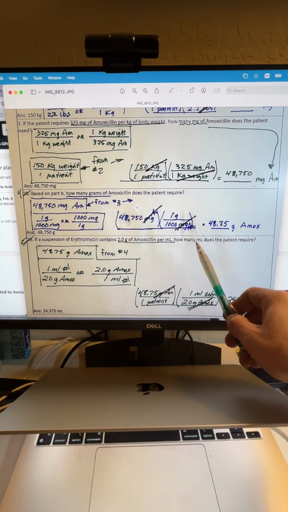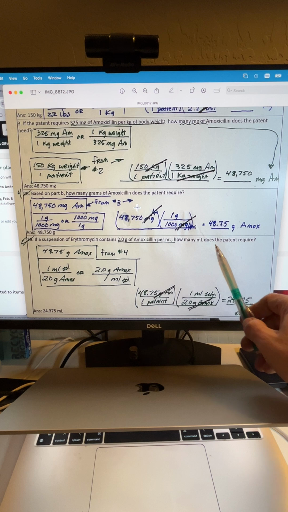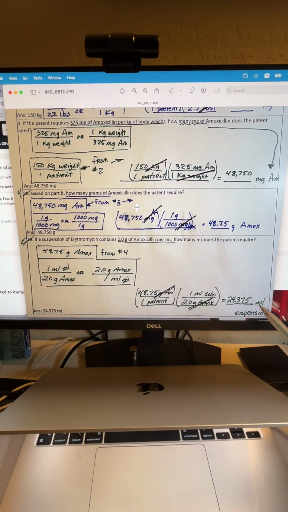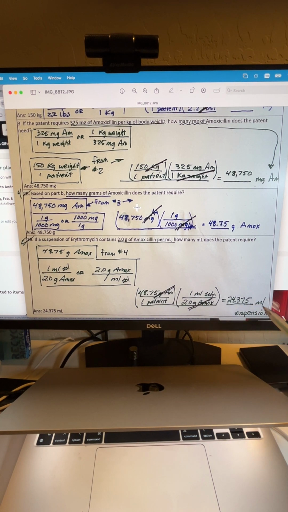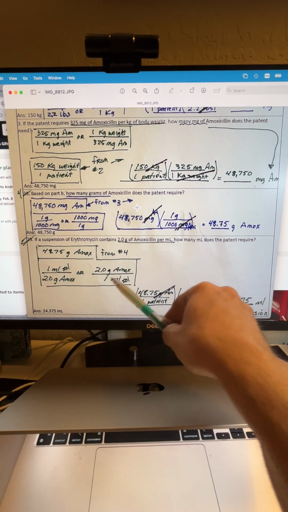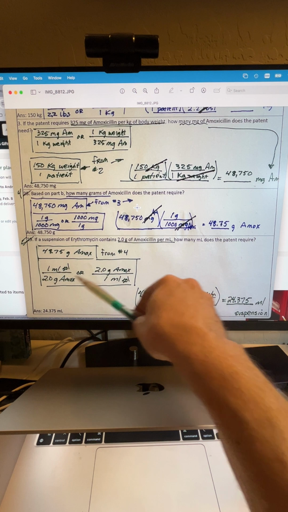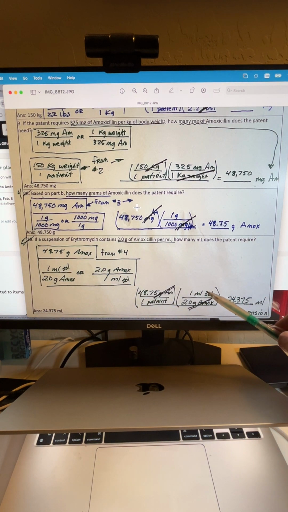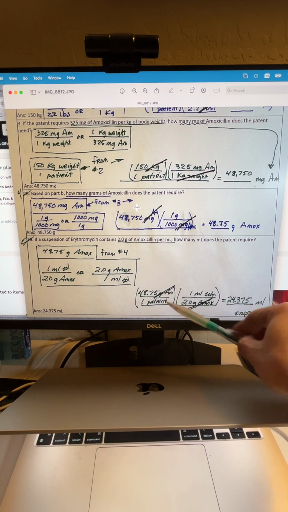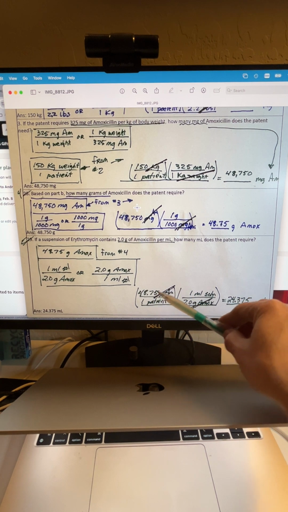And the question says, how many milliliters does the patient require? So I put milliliters, that's the units we want on the answer, and I put a blank and then pretend all this stuff is not here. So since milliliters is in the numerator, I want to pick the conversion factor with milliliters in the numerator. There it is. And look how that cancels nicely, the grams with 48.75.